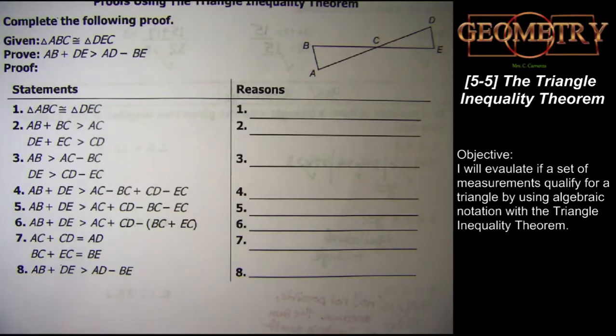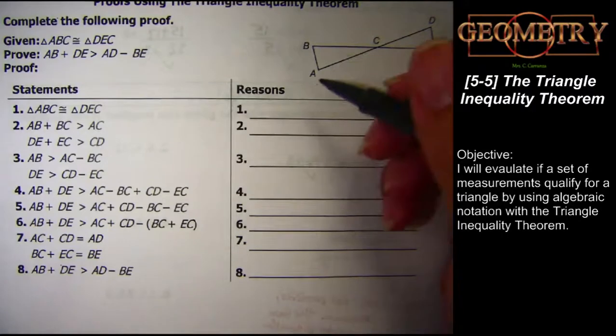What about the angles? They're going to be the same size also. So I know that by definition of congruence, that CPCTC thing, all the different pieces that line up with each other are all going to be congruent to each other. They're all going to have the same measure. Okay, and that's all I know right now. Let's get into the proof and let's see what they're asking for.